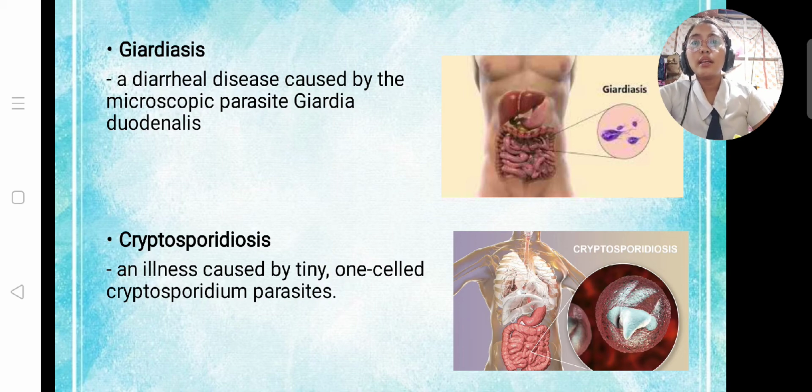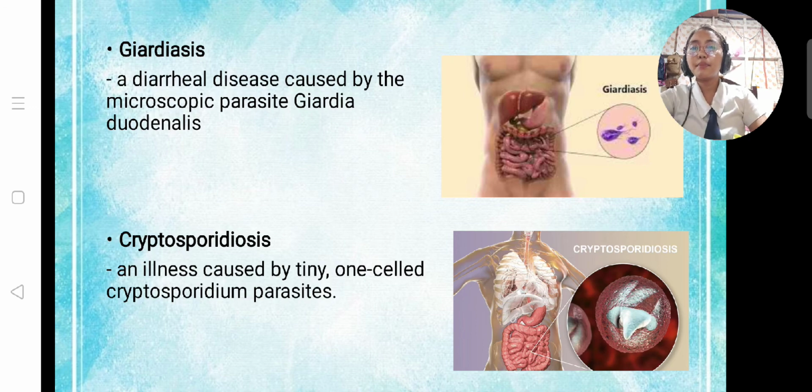It can cause diarrhea, stomach cramps, gas, and nausea. Once a person or animal has been infected with Giardia, the parasite lives in the intestine and is passed in stool. Once outside the body, Giardia can sometimes survive for weeks or even months.